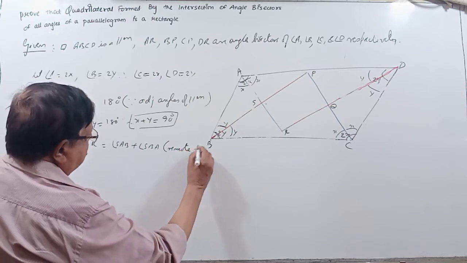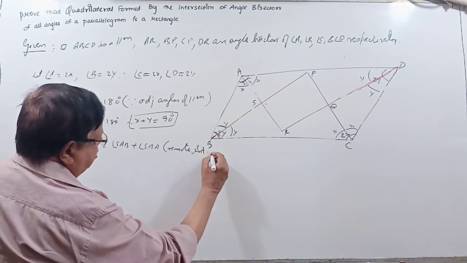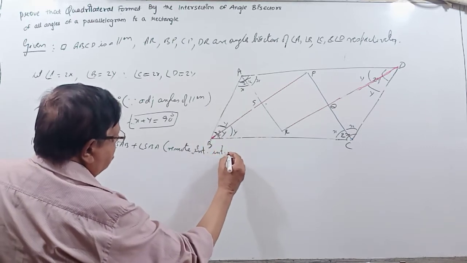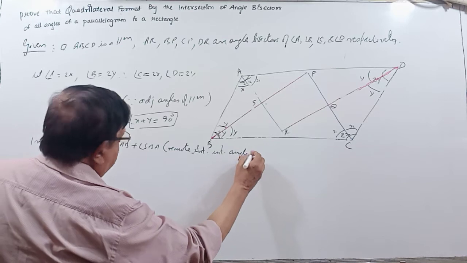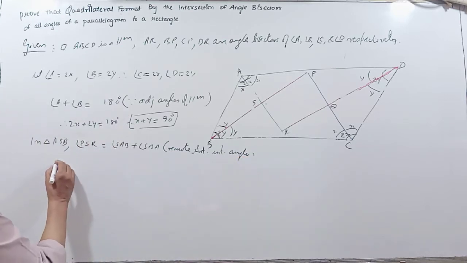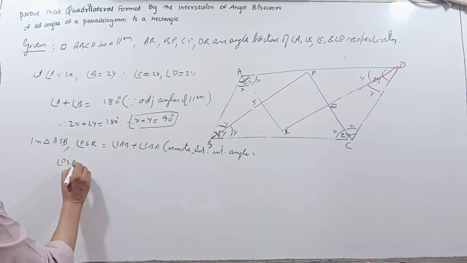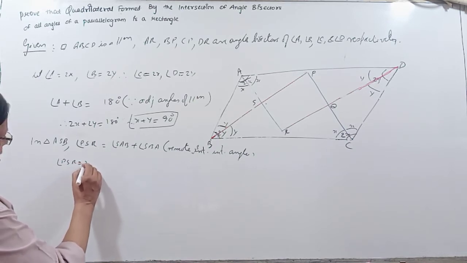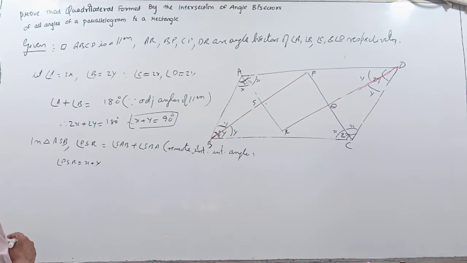Remote interior, you can also say exterior angle, remote interior angles. These are remote interior angles. Therefore, angle PSR equals x plus y. Now, PSR equals x plus y.